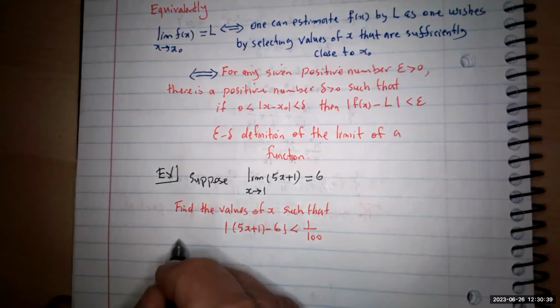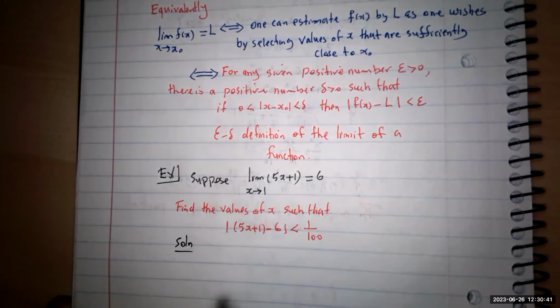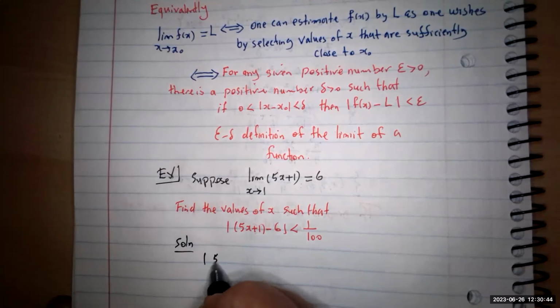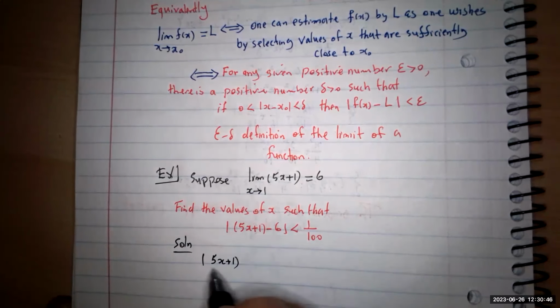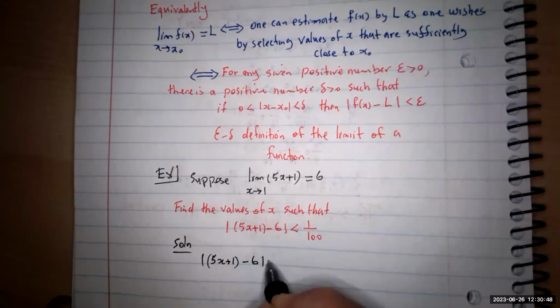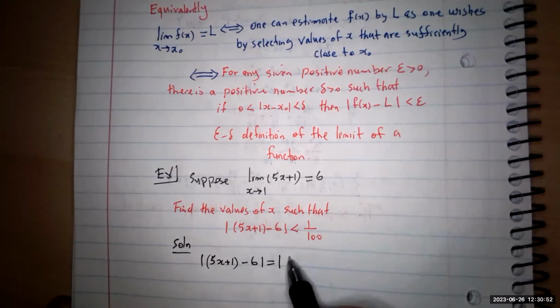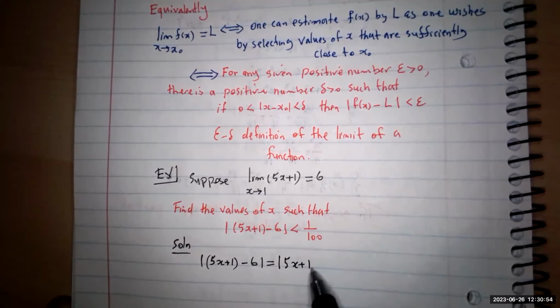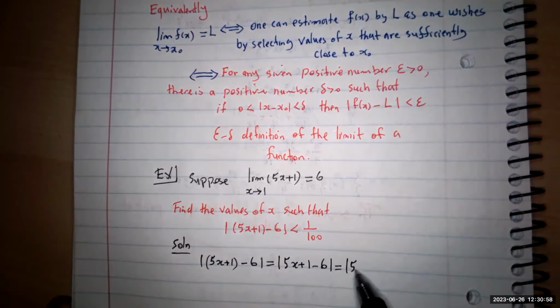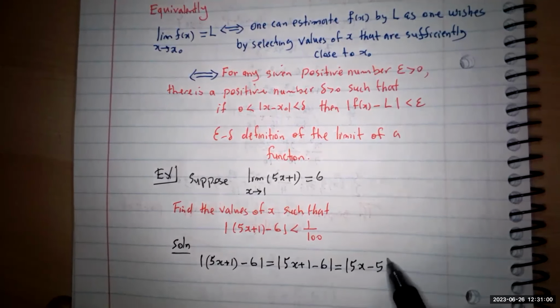So the solution is going to be: you start with the given one, 5x plus 1 minus 6. You want to find the x here. Combine the like terms, that gives you 5x minus 5.